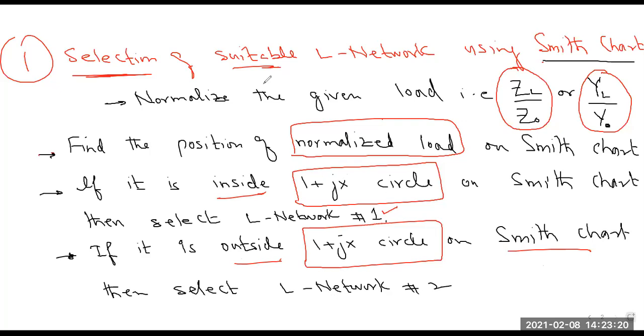So you already know that Smith chart consists of resistive circles and reactive circles. And this is the horizontal line that is dividing the Smith chart into two halves, upper hemisphere and lower hemisphere. 1 plus jx circle is the circle which is passing through horizontal scale with a reading of 1.